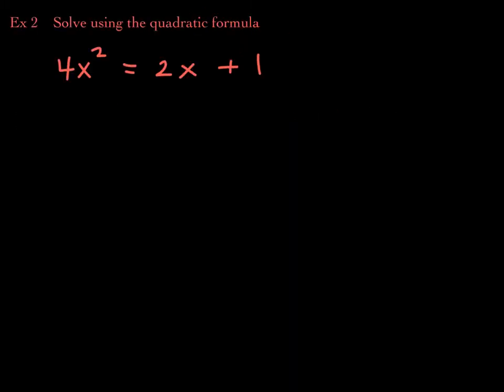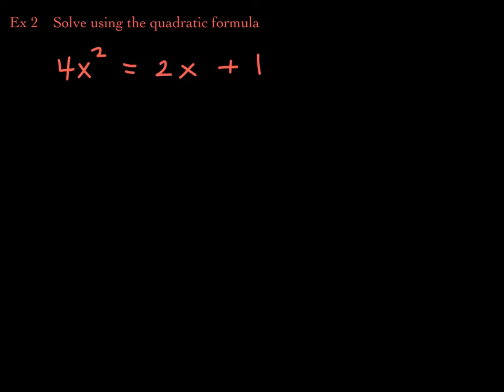This next equation says 4x squared is equal to 2x plus 1. We need to set this equal to 0. There's two ways you can do that. You could either move 4x squared to the right, but then your leading coefficient would be negative. Or, maybe better, would be to move 2x and 1 to the left so that our leading coefficient remains positive.